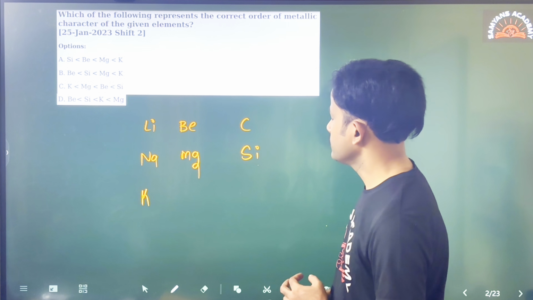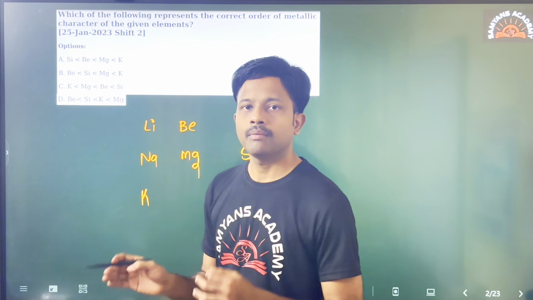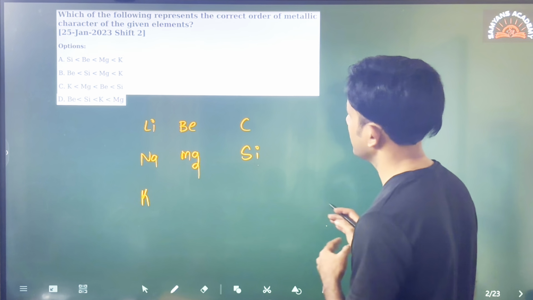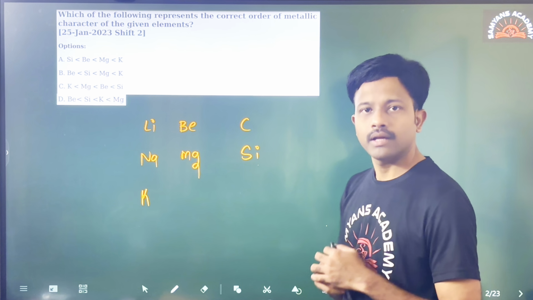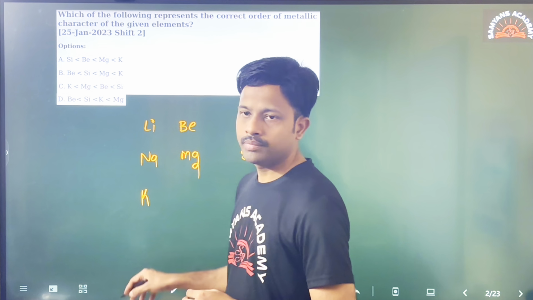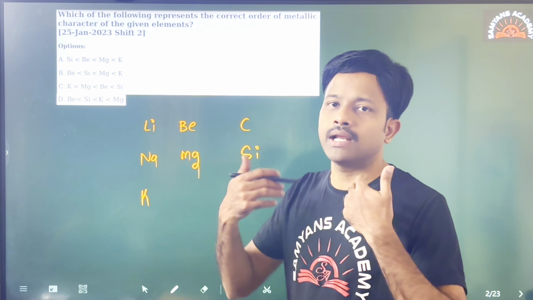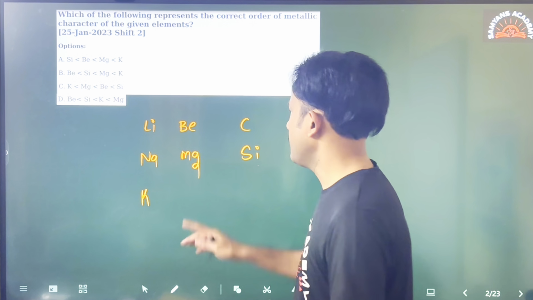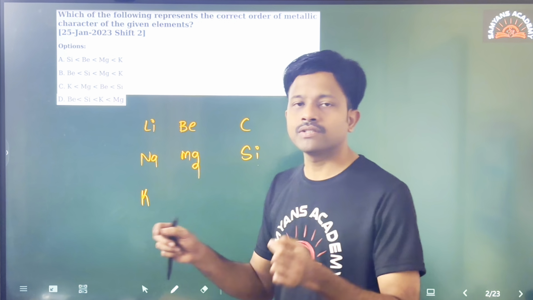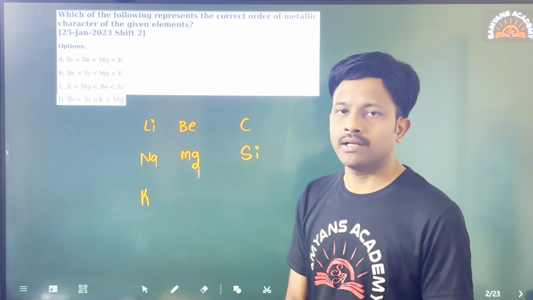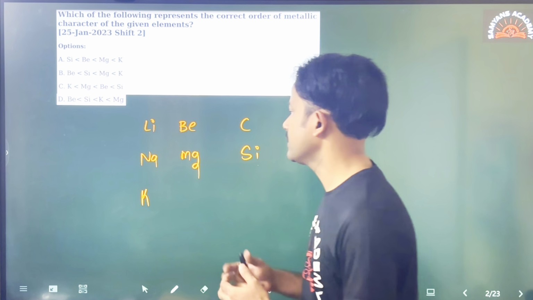Now across the period, metallic character decreases, non-metallic character increases. Down the group, metallic character increases as size increases, because it can lose the electron very easily. Among all these elements, which one has the highest metallic character, meaning which one has the highest size?